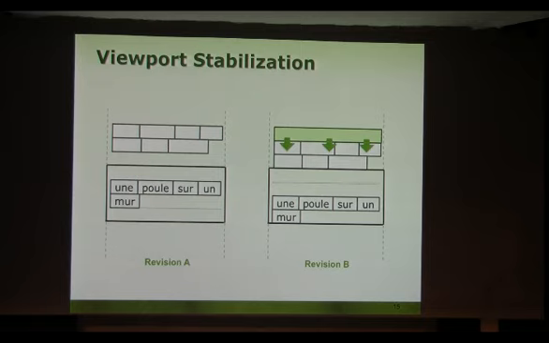So it might occur, when you are looking at a specific zone of interest in your text, that the changes that occur above the viewport provoke some changes in your viewport.